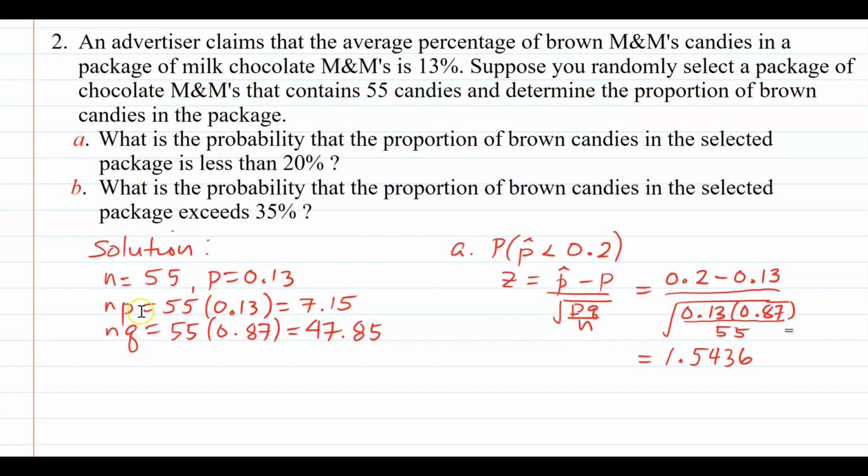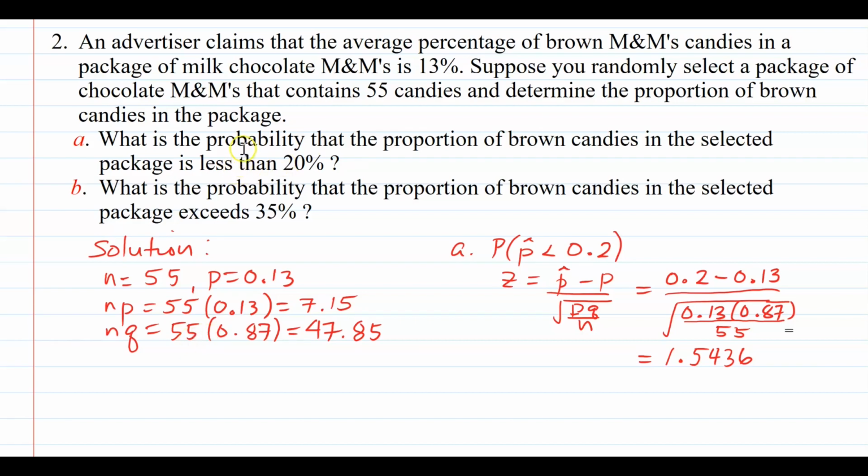So n times p is 55 times 0.13, and this gives us 7.15. And n times q is equal to 55 times 0.87, and this gives us 47.85. And because both of these numbers, np and nq, are greater than 5, then using the normal approximation is appropriate to answer the probability question.